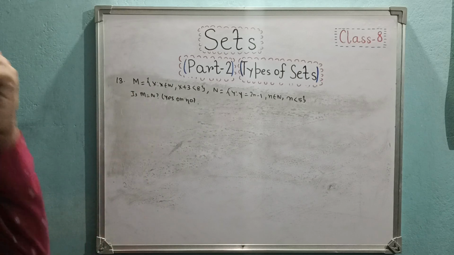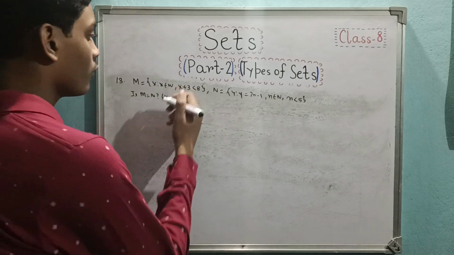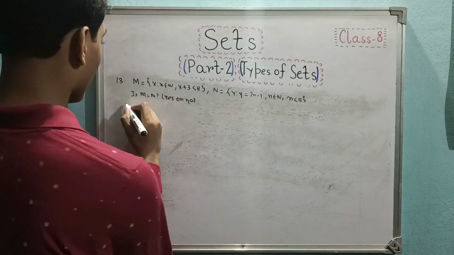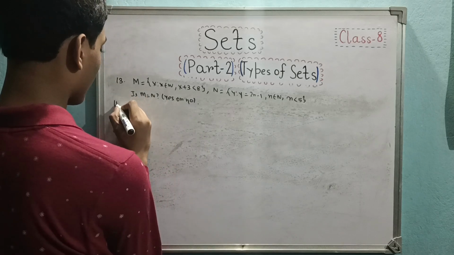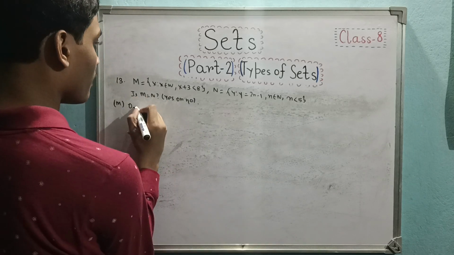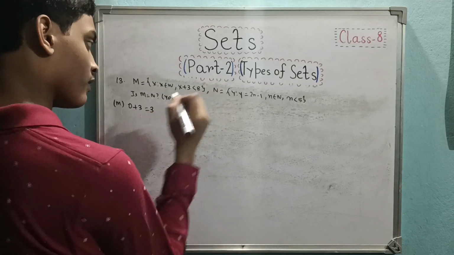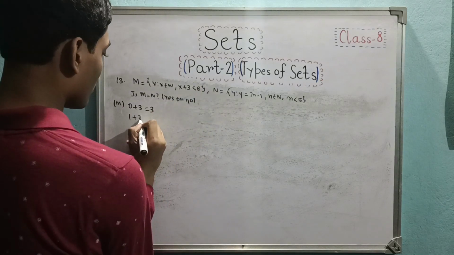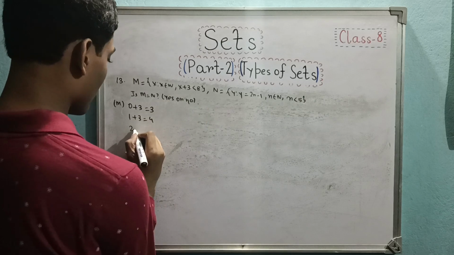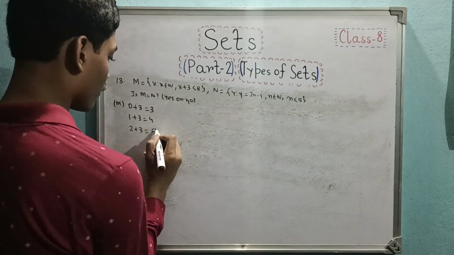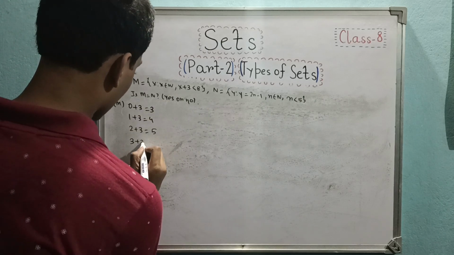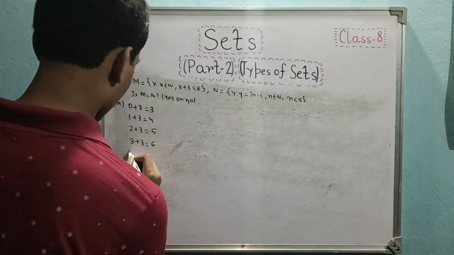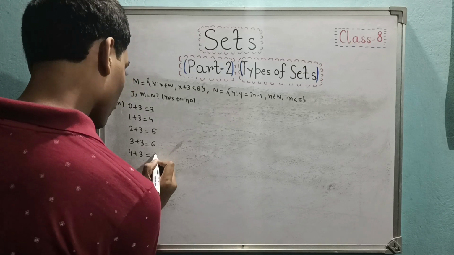Let's first find the elements of M. So x belongs to whole numbers. Let's check for M. 0 plus 3 equal to 3, less than 8, supported. 1 plus 3 equal to 4, less than 8, supported. 2 plus 3 equal to 5, it is also supported. 3 plus 3 equal to 6, less than 8, supported. 4 plus 3 equal to 7, that is also okay.